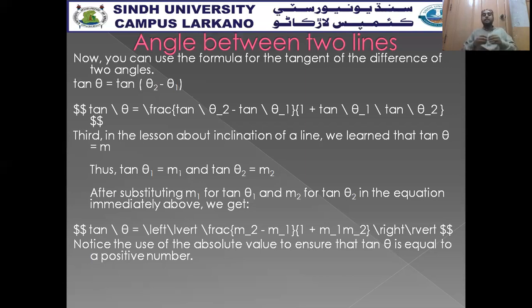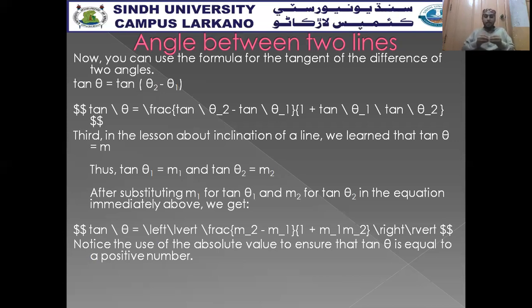Third, in the lesson on the inclination of the line, we learned that tan θ is equal to m, the first formula. Thus, tan θ₁ is equal to m₁ and tan θ₂ is equal to m₂.